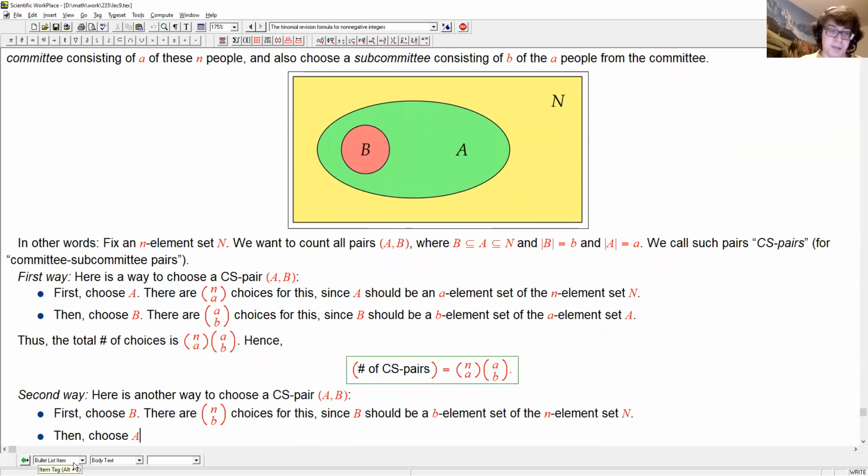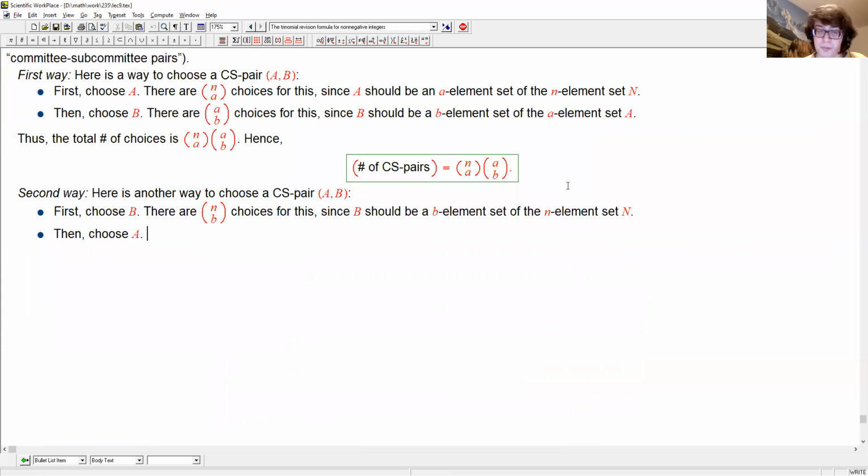Then choose A. And this is complicated because A is no longer just a general subset of N. It has to be a subset that contains B, so it has to be sandwiched between B and N. How do we do this? How many choices do we have here?